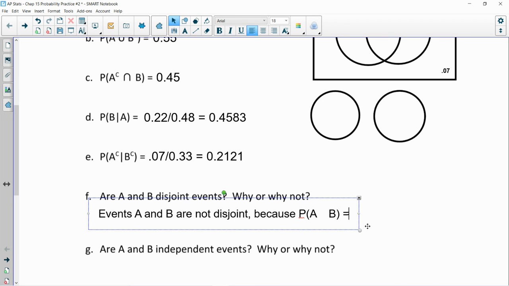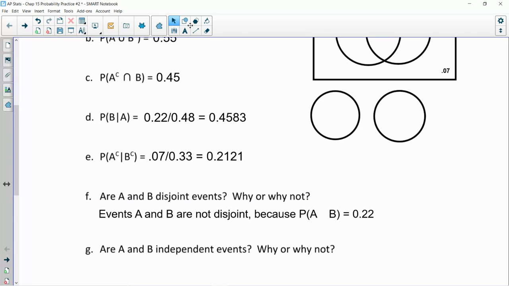We're going to get fancy here in 1 second. So we're going to say that the intersection of A and B, we're going to draw a little intersection symbol.